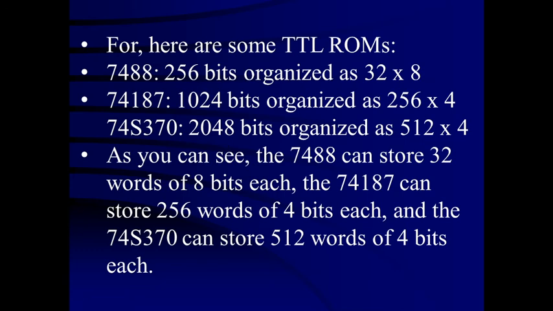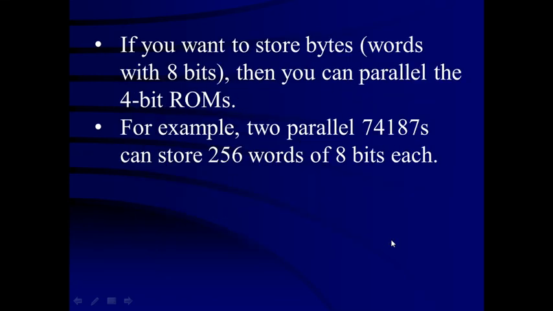As you can see, the 7488 can store 32 words of 8 bits each, the 74187 can store 256 words of 4 bits each, and the 74S370 can store 512 words of 4 bits each. If you want to store bytes, words with 8 bits, then you can parallel two 4-bit ROMs.